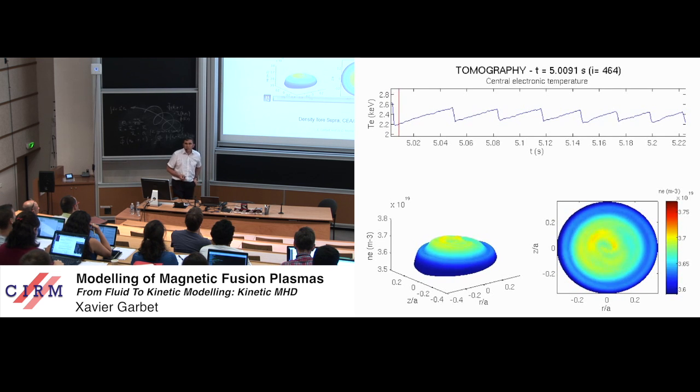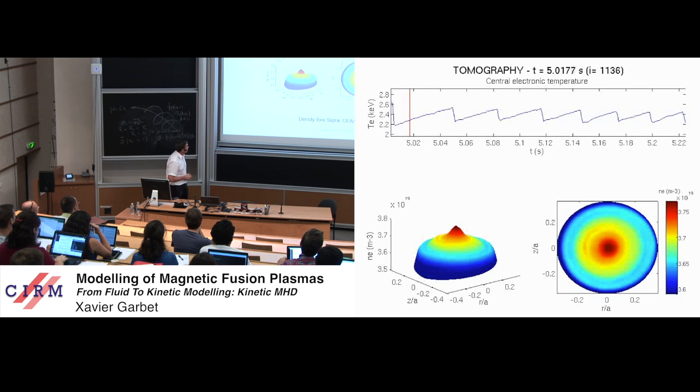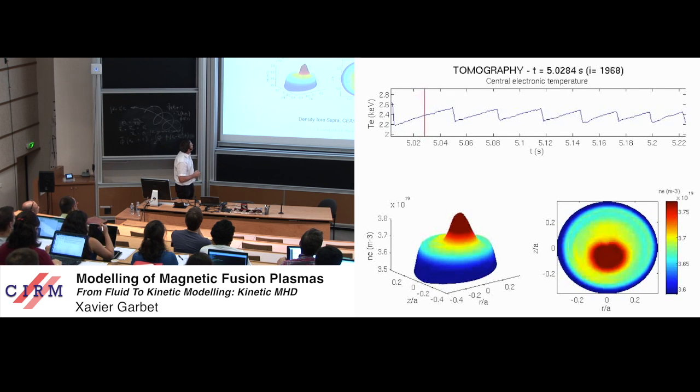So it's a measurement of the density using radar techniques or reflectometry. And here what you have is essentially a three-dimensional plot of the density profile. During this phase, this is time, that's the temperature, that's the density.